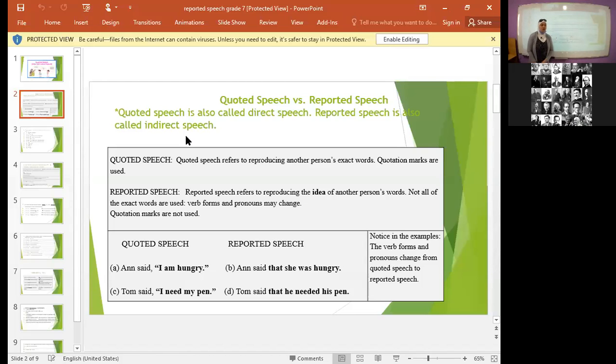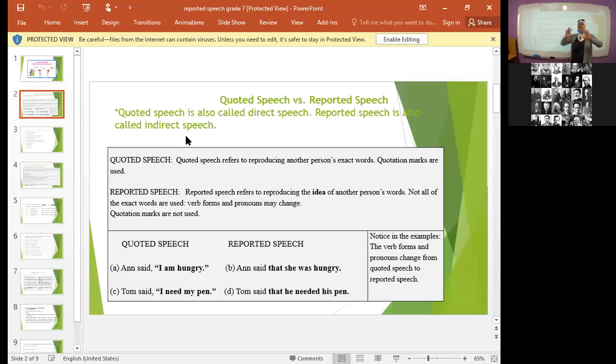Excellent. Now, the pronoun should be changed. The pronoun changes here. Number one, we delete the quotation marks. Number two, we add that. Number three, we change the pronoun. This is not everything. We are not done yet. Another change, for me, the most important thing to change in reported speech is the verb.